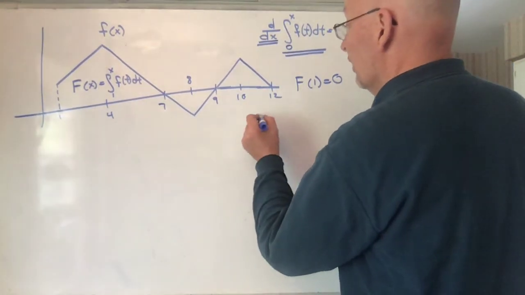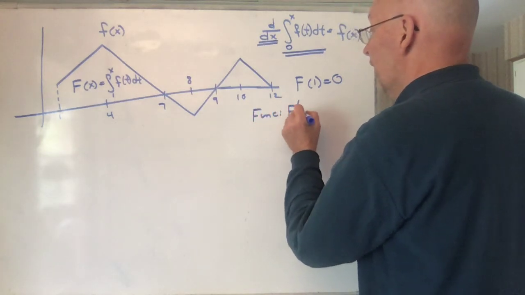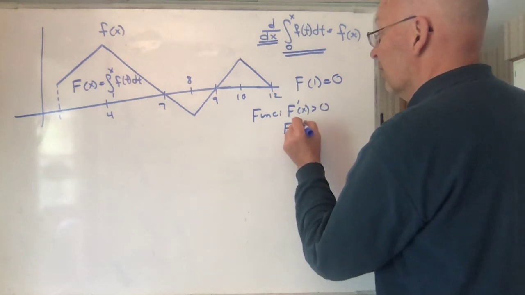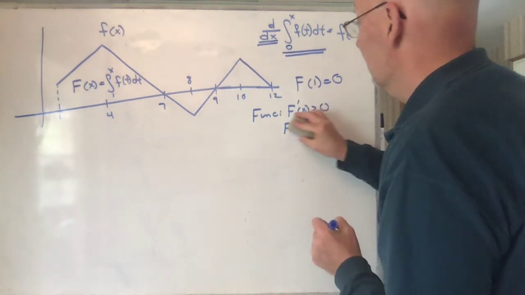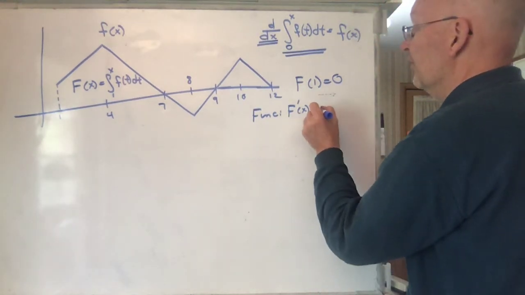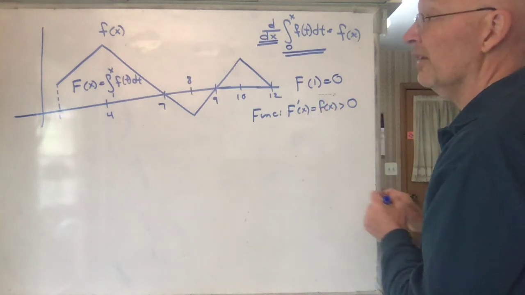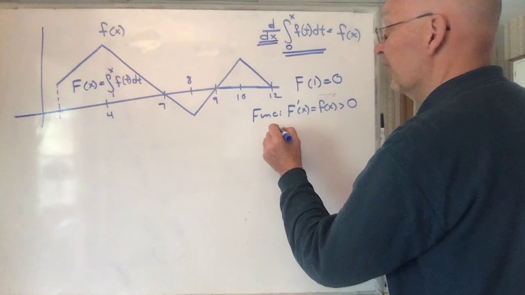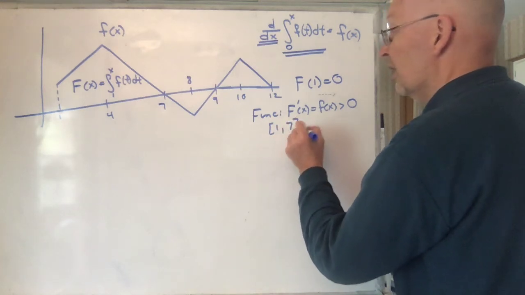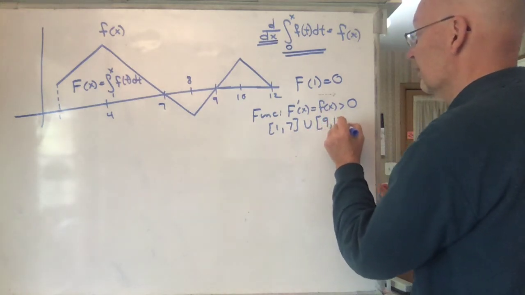If we want to know where F is increasing, it's where F prime is positive. Let's just write it like this: capital F prime is equal to small f of x is positive. And where is that positive? It's positive from 1 to 7 and from 9 to 12.